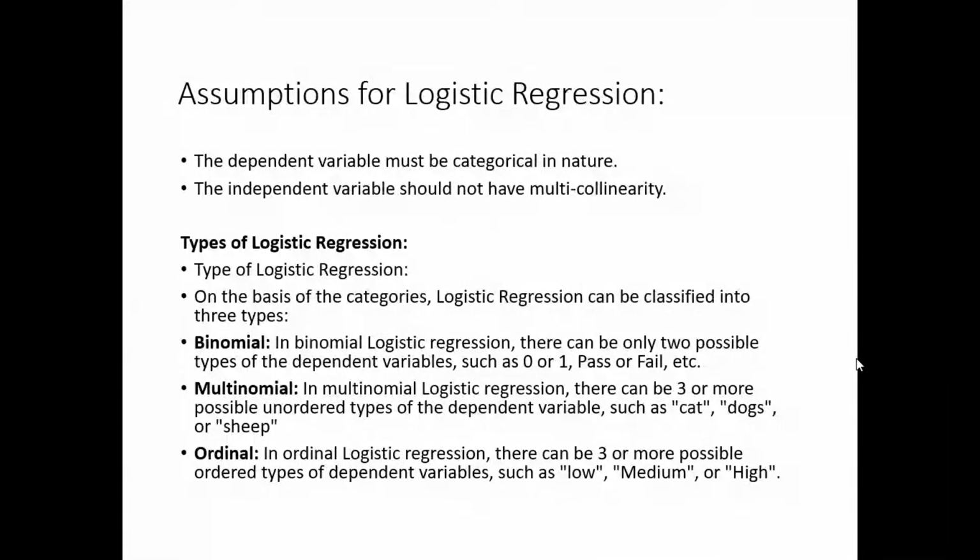And for multinomial, for a value of x, y will take 3 or more values. This or that or that or beyond that. And ordinal is a multinomial only, but those y values can be ordered, can be arranged in an order.